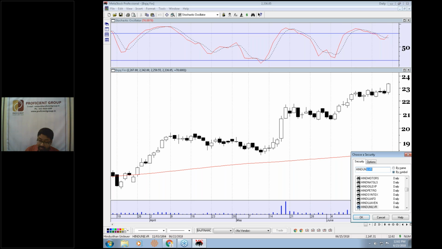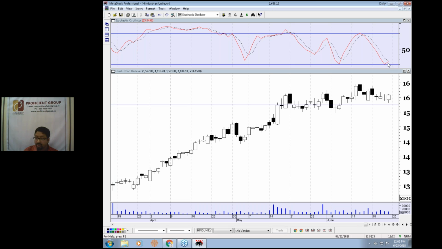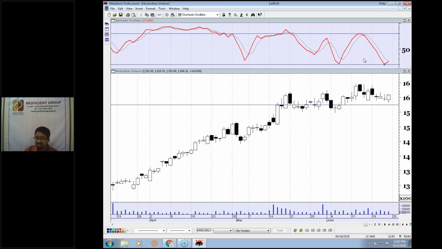Hindustan Unilever is the strongest performer in this sector. Although Hindustan Unilever did not do quite well, or it was arrested in a type of choppy range for the past 2 weeks, that does not mean the uptrend is under threat. The uptrend is pretty strong and it is continuing.